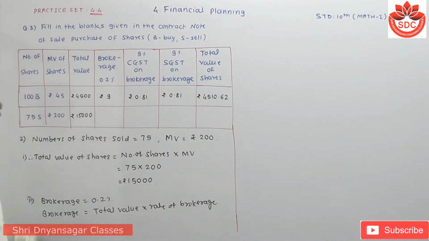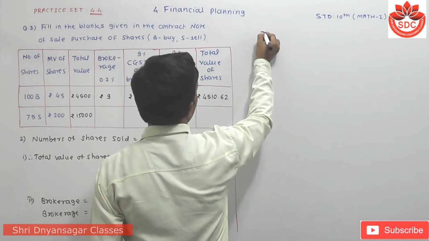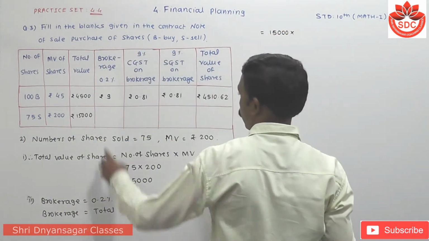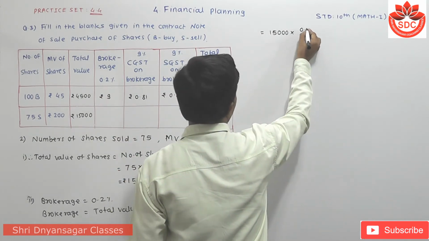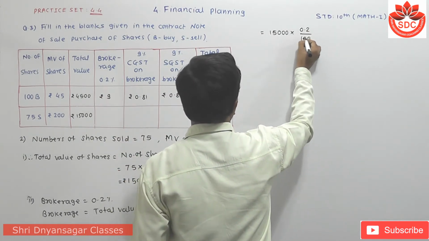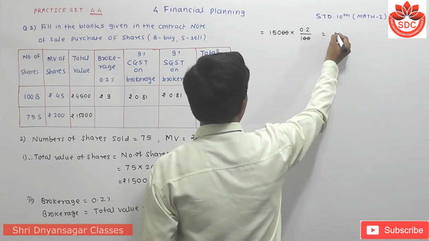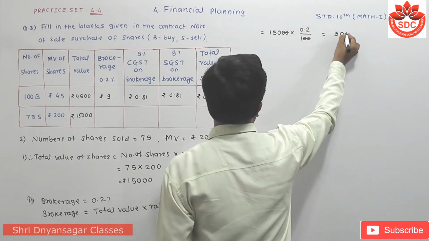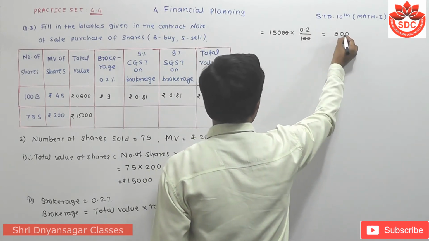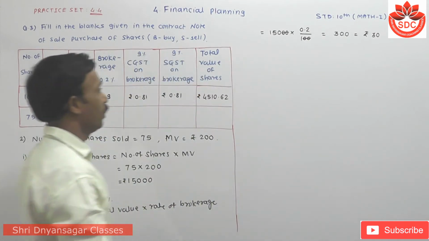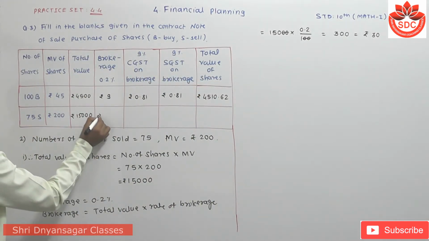Here total value is 15,000 into rate of brokerage 0.2%, that means 0.2 upon 100. These two zeros get cancelled. 150 into 2 is 300. After one digit there is a decimal point, so how much rupees? 30 is our brokerage here, rupees 30.